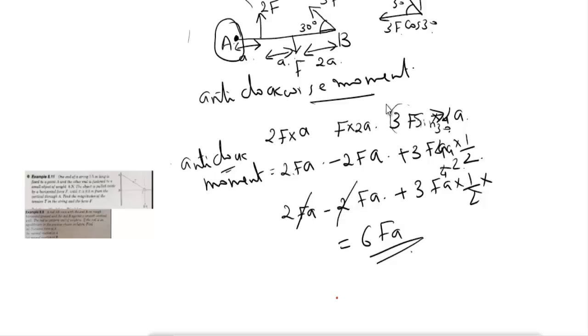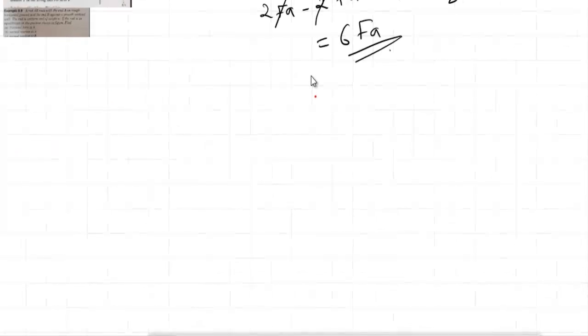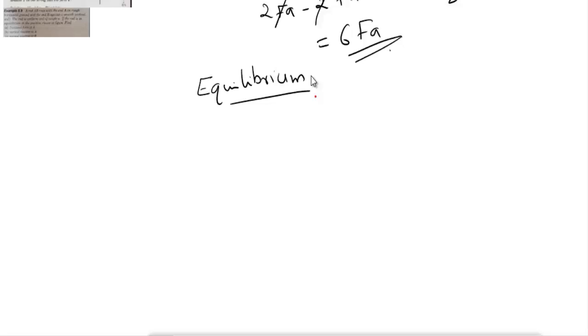Okay, next we are going to study coplanar forces. What is meant by coplanar forces in equilibrium? First we will say what is meant by equilibrium of forces. Equilibrium of forces means all the forces acting on the system will be equal to 0, and the torque acting on the system also will be equal to 0.